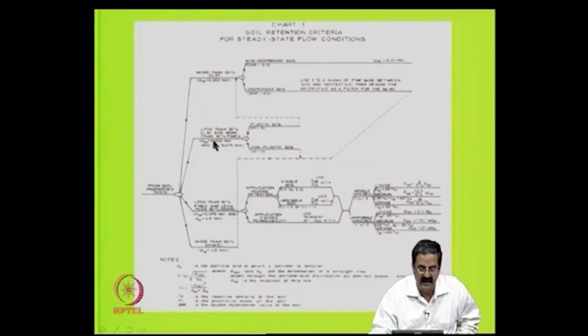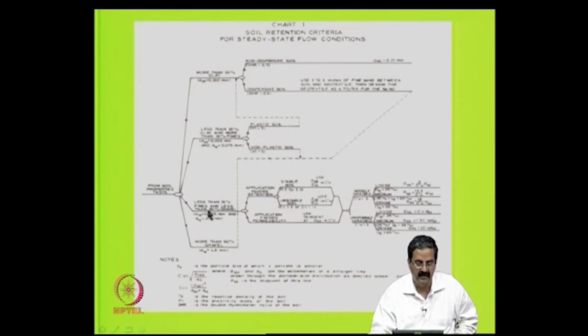Then if the material is less than 20% clay and more than 10% fines, there are some more criteria here. Is the soil plastic or non-plastic? If it is plastic, like PI more than 5, it goes back here, and if it is not plastic, then again it comes back to this chart.